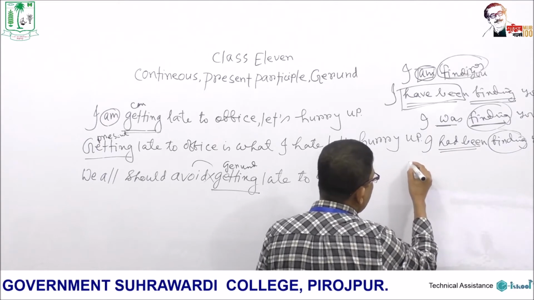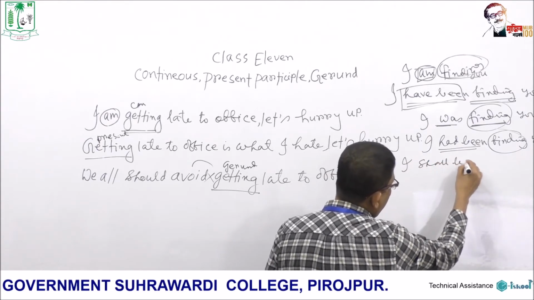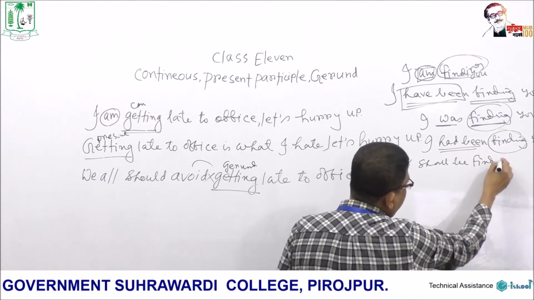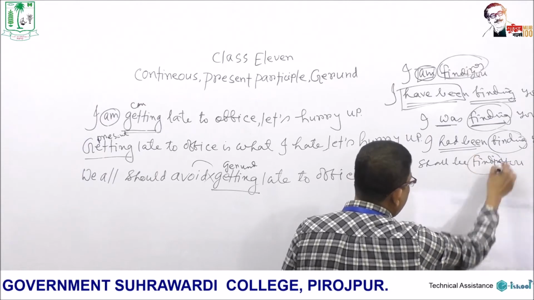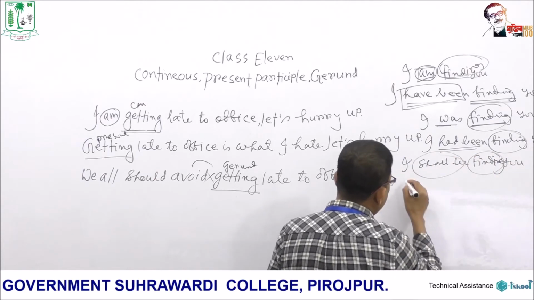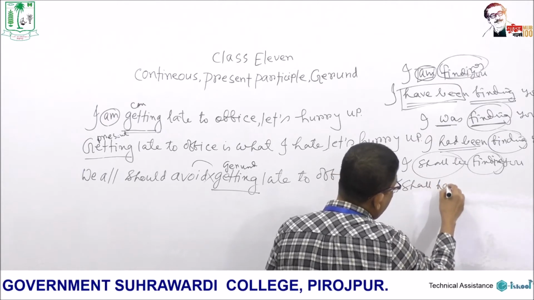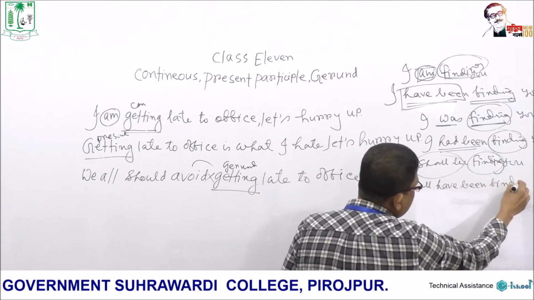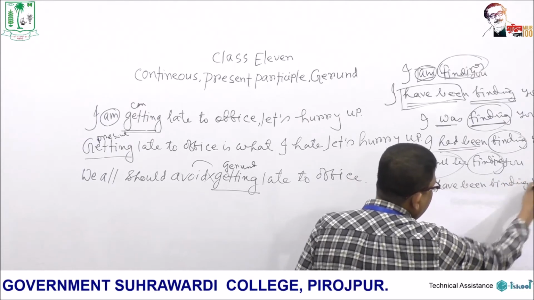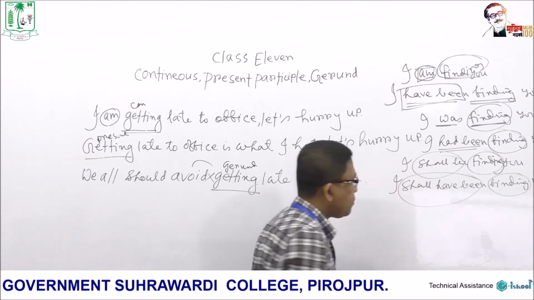And then future continuous tense, I shall be finding you, here finding, and here I have used shall be. And then future perfect continuous tense, I shall have been finding you, here again finding, and here I have used shall have been.